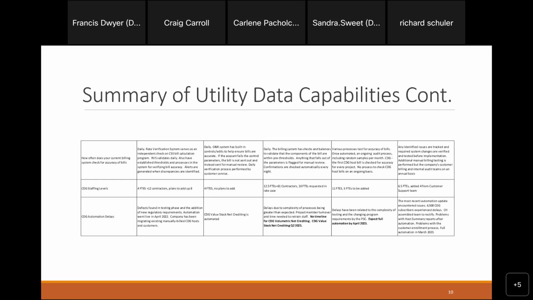I think our overall goal is that we would have as consistent as possible a measurement and reporting process across the utilities.